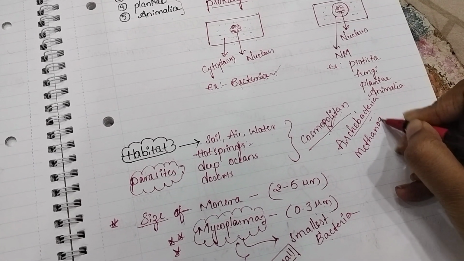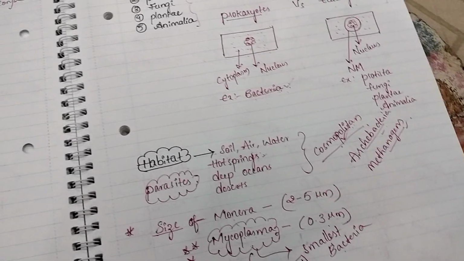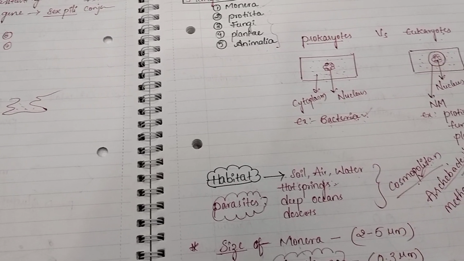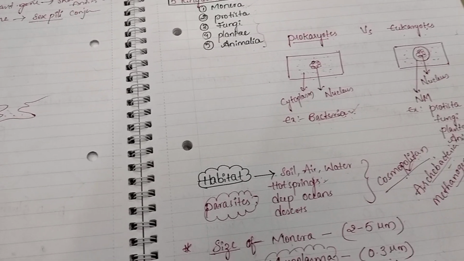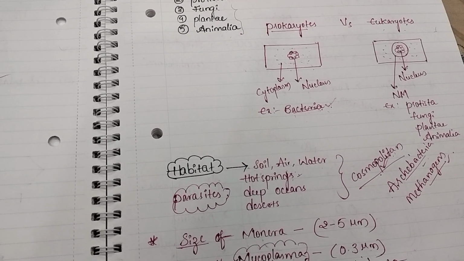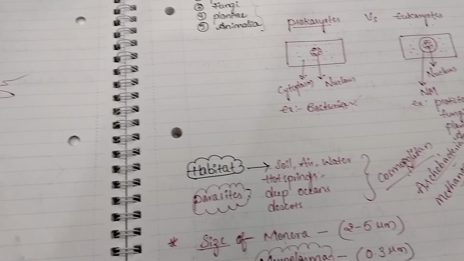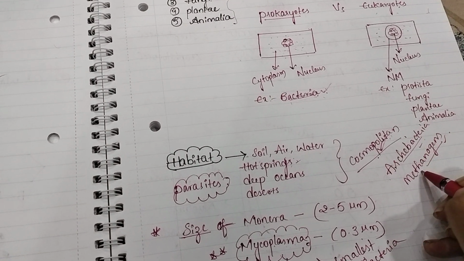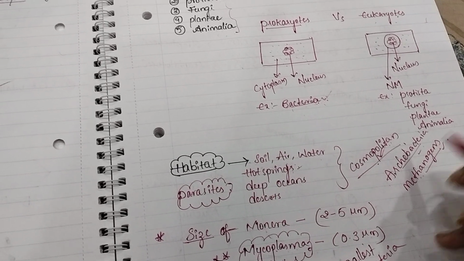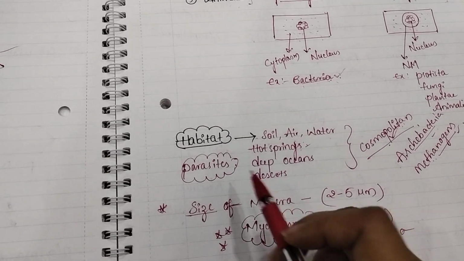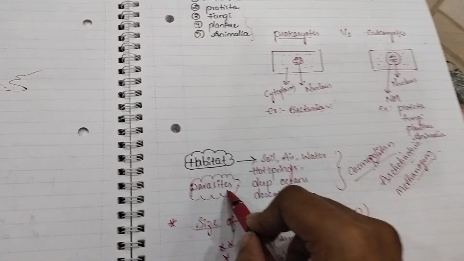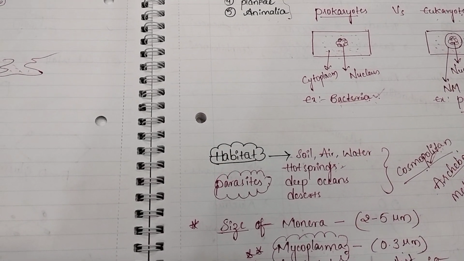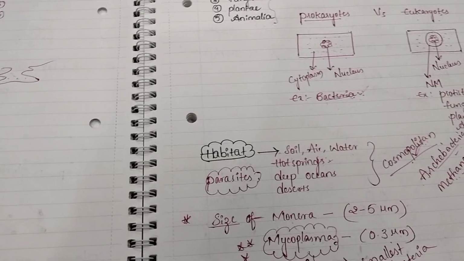Methanogens are present in the alimentary canal of cattle, like the buffalo. That is why methane gas is produced from the dung of the buffalo. So they can survive in such conditions also. Yes, and some bacteria can also act as parasites. So this is the habitat of the bacteria. They are called cosmopolitan organisms because they can be present almost everywhere.